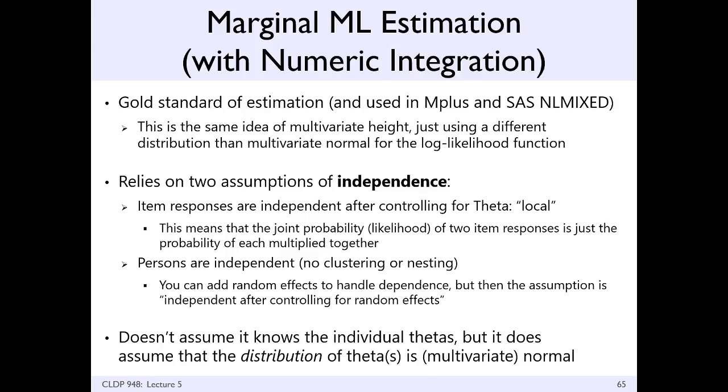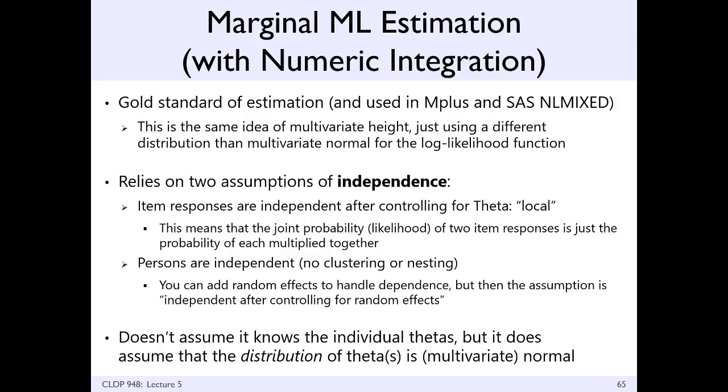The reason we say CFA assumes normally distributed items is because we are using the normal distribution to calculate height. More specifically, multivariate normal, because we're calculating the joint height of a person's set of item responses. We're switching out a new distribution. We're using multivariate Bernoulli for this, but it's still the same idea, height.